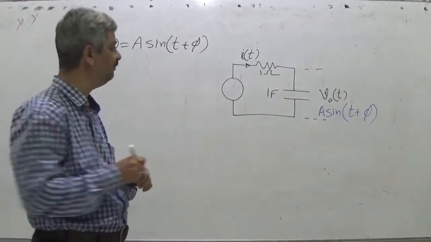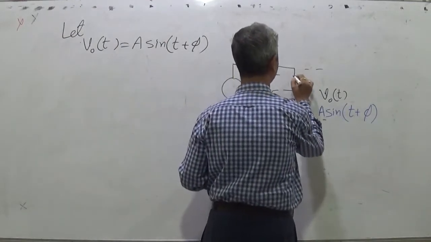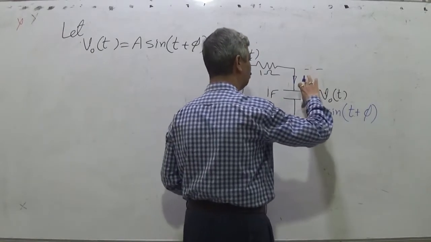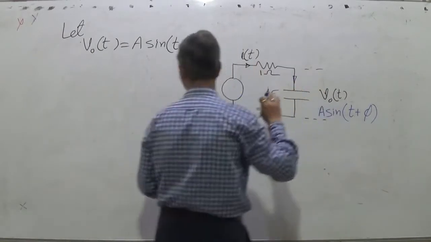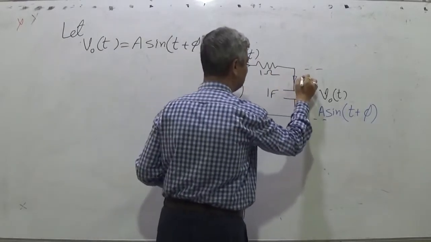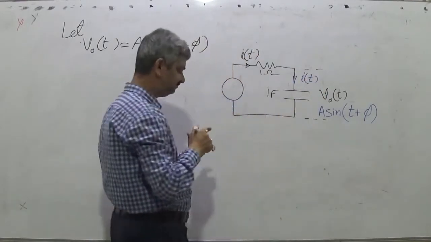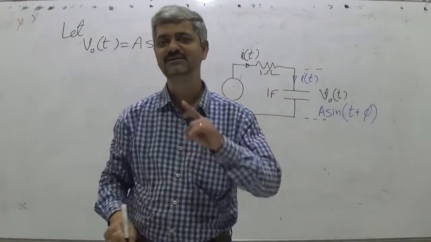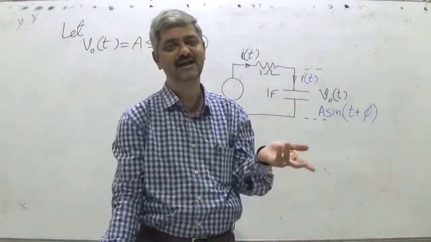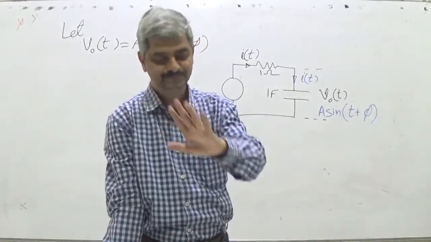Now, what will be the current through the capacitor for this voltage across it? The current i(t) is the same, as it is a series circuit, the same current will flow through the resistor and the capacitor. Listen very carefully now.